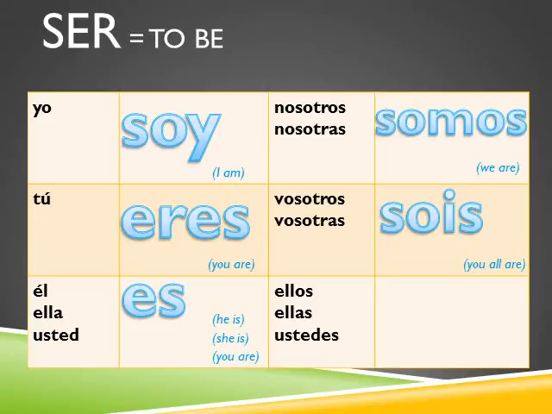And then last but not least, we have this last little box here. So we have ellos and ellas and ustedes. We're going to have the same conjugation as well. So it will be son for all three of those. So ellos and ellas, son is they are, and ustedes son is you all are.